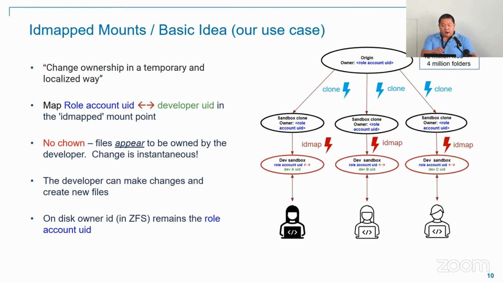After this happens, the developer can make changes and create new files. But on the disk in ZFS, the UID or owner ID is still the raw account ID.